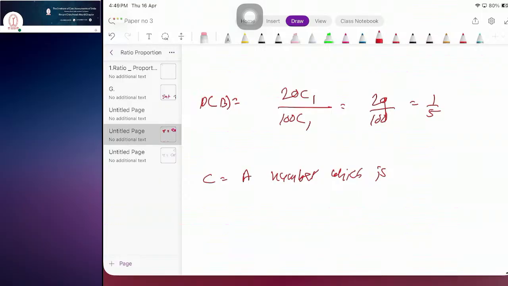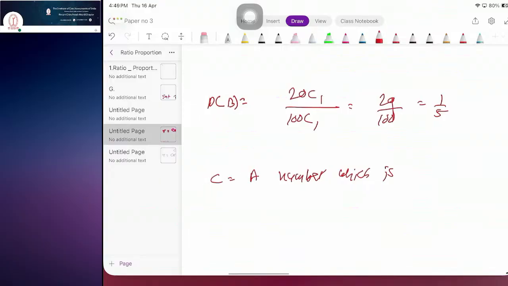So let's find the answer. A number which is greater than 75. Greater than 75 and up to 100 tickets are generated.